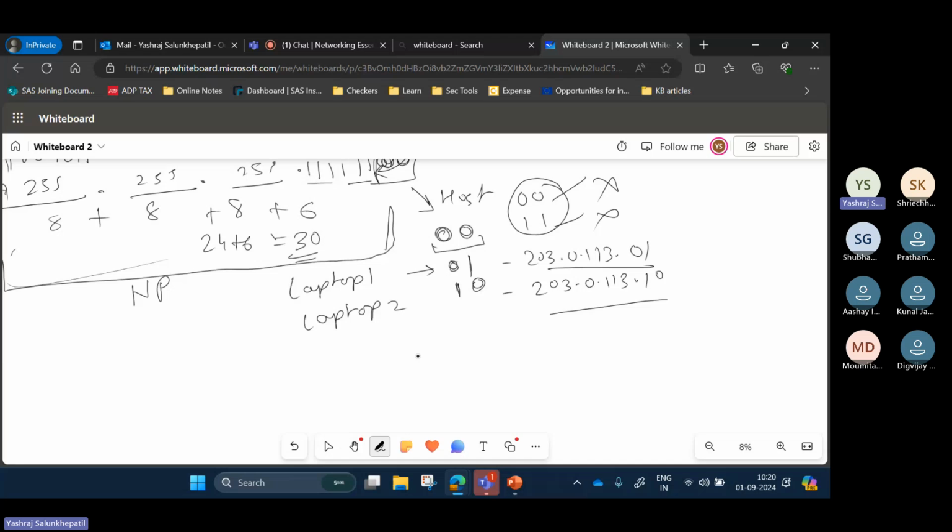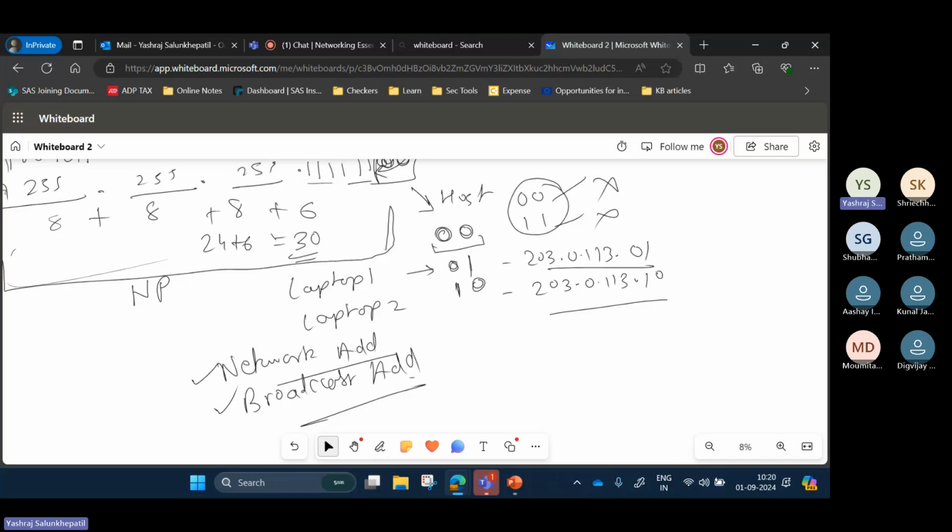Okay, because we have to accommodate two addresses called network address and broadcast address. ये क्या होते हैं? I will tell you soon. ठीक है.